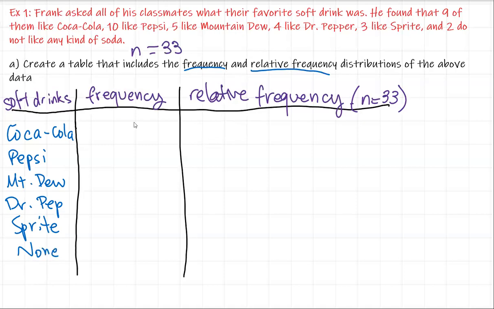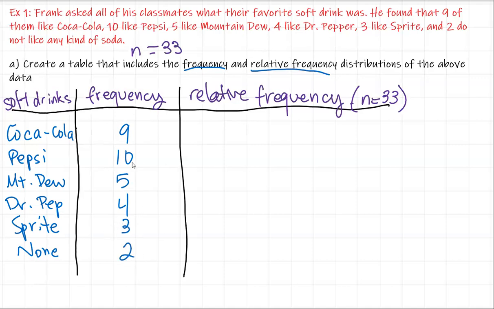Like I said, frequency is just the number of times that one data value occurs, our sodas being our data values. 9 people like Coca-Cola, so 9. 10 people like Pepsi, so 10, etc. Then 5, 4, 3, 2.